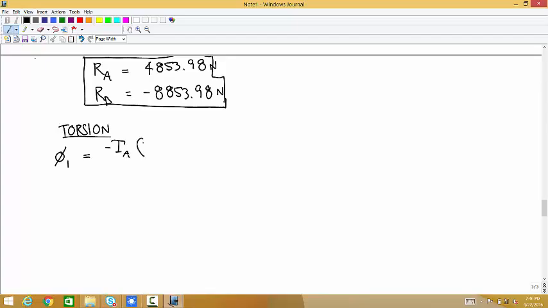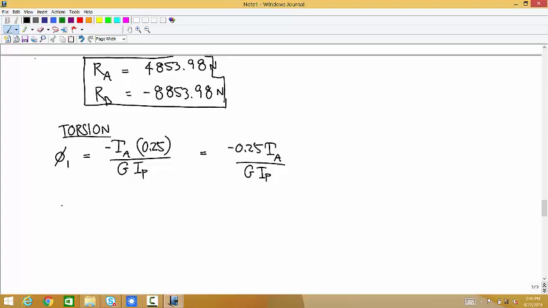The length is 0.25. I think we can just write this as G and IP. And so we just get negative 0.25 fancy TA divided by G times IP.